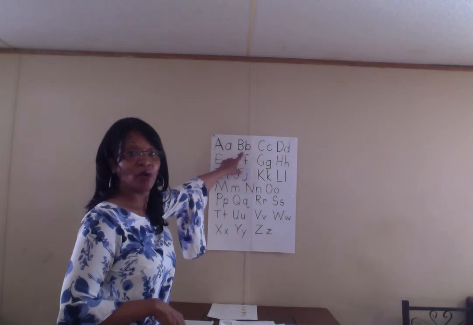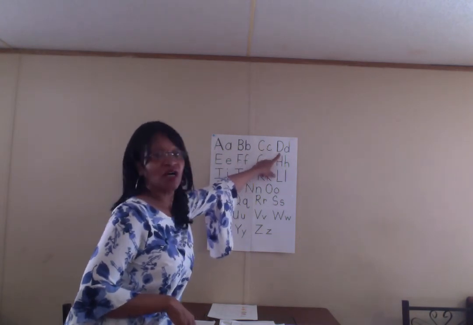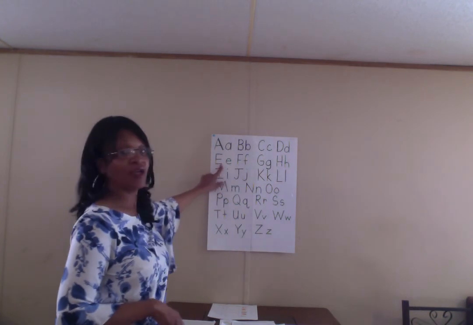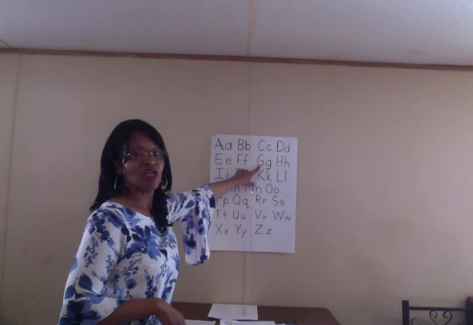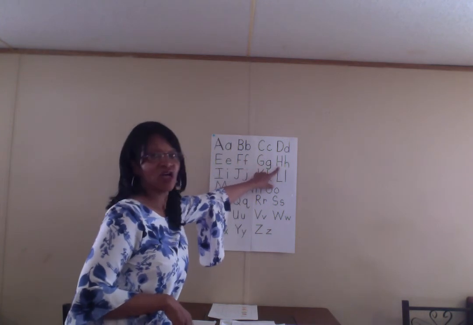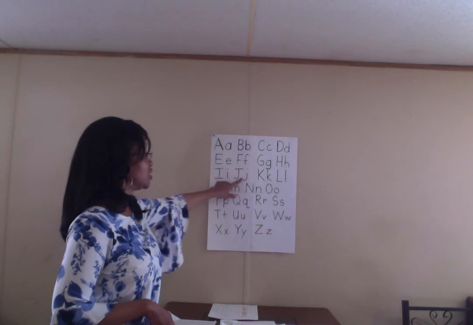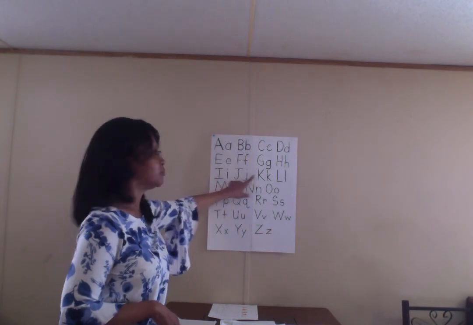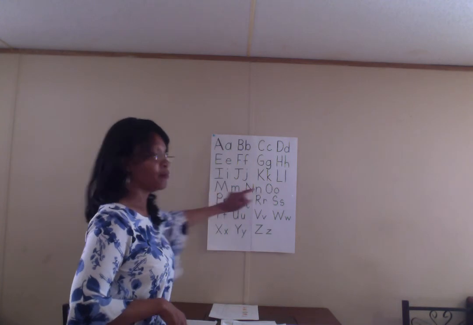B, boy. C, cat. D, dog. E, elephant. F, fish. G, goat. H, hat. I, iguana. J, jam. K, kite. L, lamp.